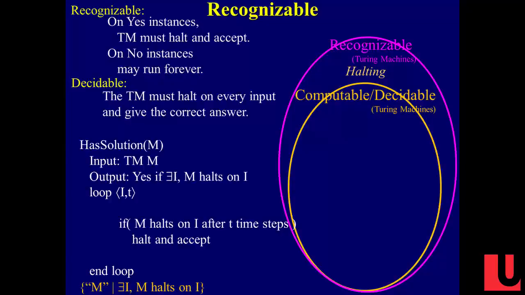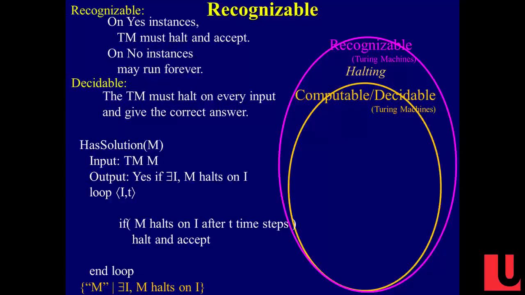But now we're showing that actually it's still recognizable. There still is a Turing machine that can recognize this language. And what that means is, given an M, it can recognize whether it's a yes or a no. The way it recognizes it is it halts if it's a yes and it runs forever if it's a no. All right? So that's what we're doing.